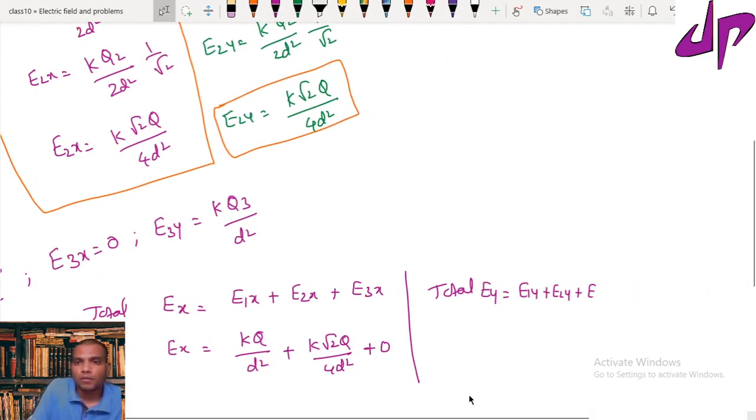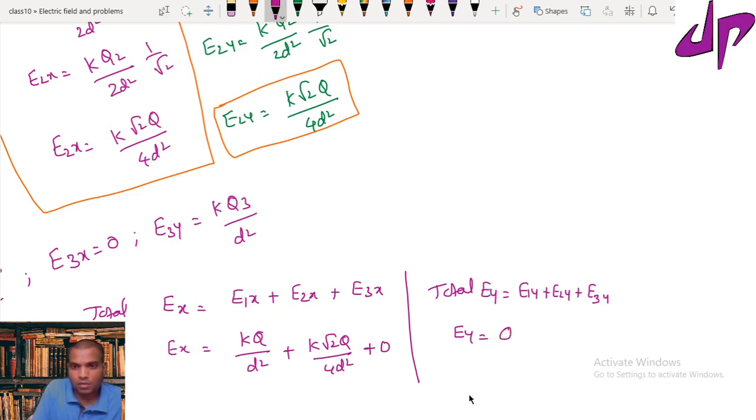Therefore, Ey: for the first charge there is no y component, but for the second charge the y component is k root 2 q by 4d square. For the third charge the y component is kq by d square.